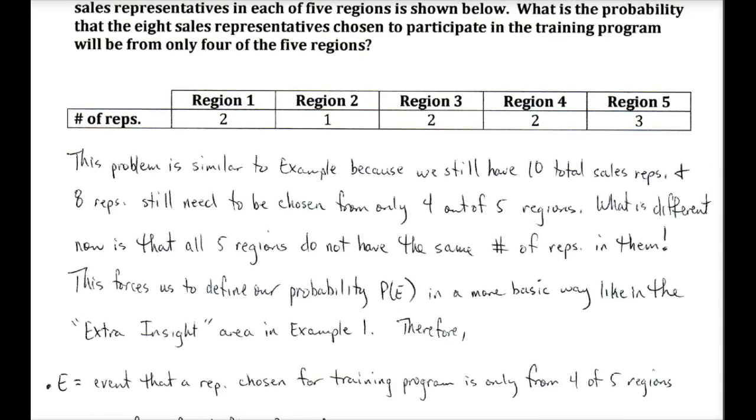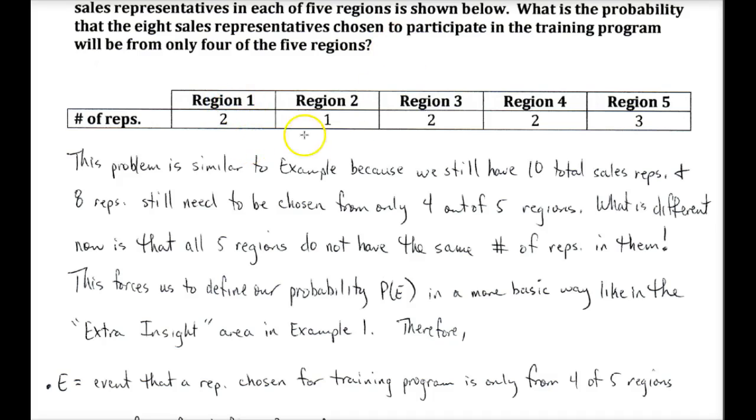Let's say we omit region 1 here. We just take that and cross that out. What we have remaining is 1 plus 2 is 3, 3 plus 2 is 5, and 5 plus 2 is 8. Since we have to have 8 representatives coming from 4 regions, and that's what we have left here, then we have to pick everyone. So there's only one way to do it, okay? That's what I mean by that.